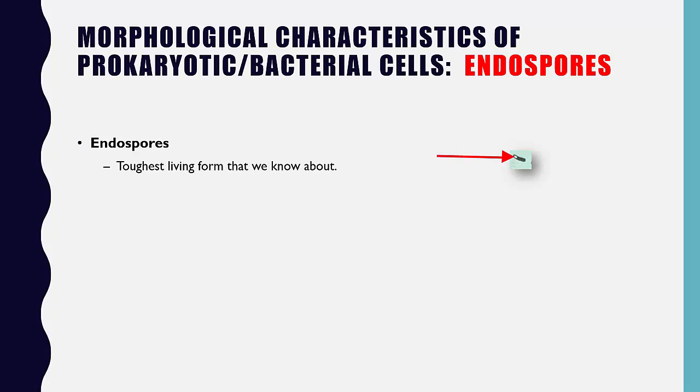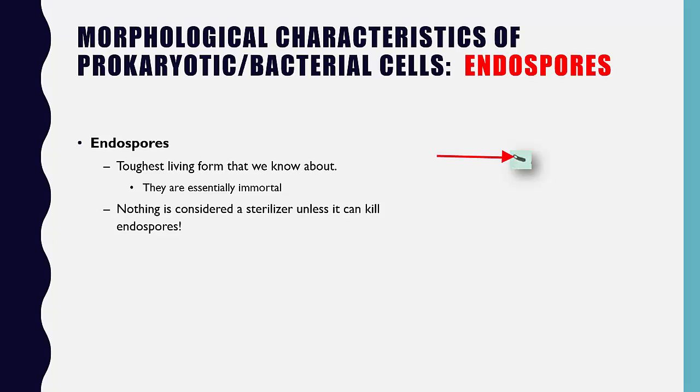Endospores are extremely tough, very resistant. This stage of bacteria is the toughest living form that we know of on this planet. When it comes to living things, if it's in an endospore form, it is the hardest thing to kill. They are essentially immortal. We know that some of them live millions of years. Nothing is considered a sterilizer unless it's able to kill endospores.